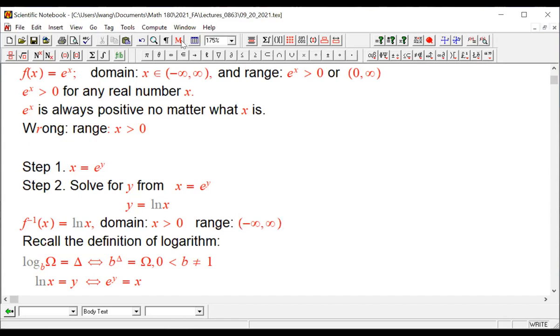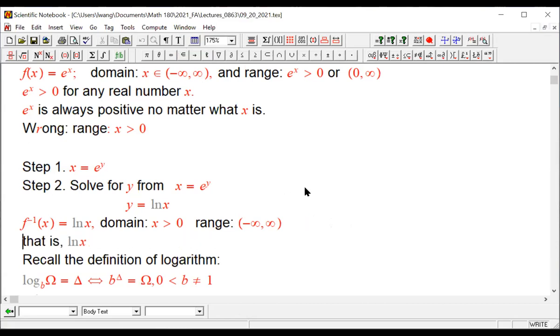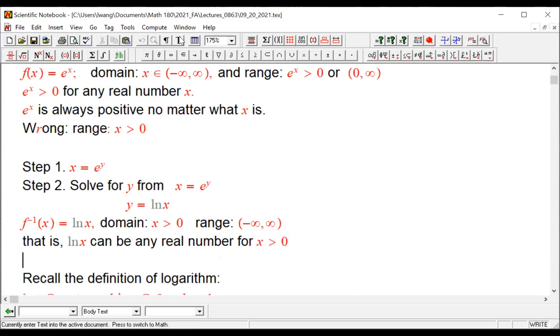That is, ln x can be any real number for x larger than 0.